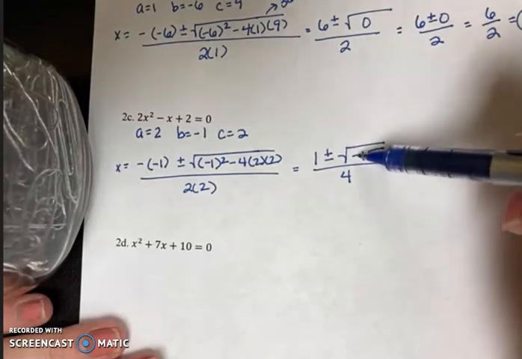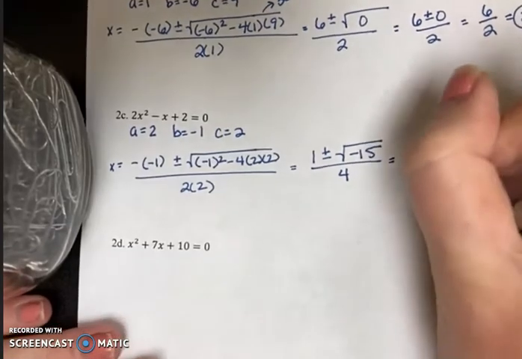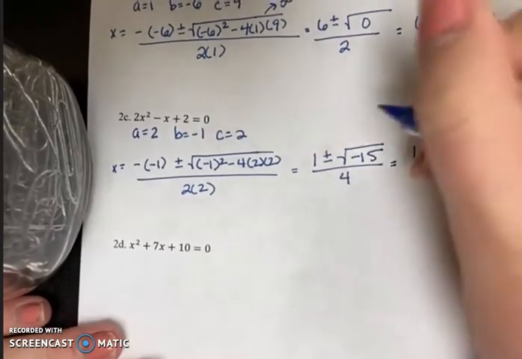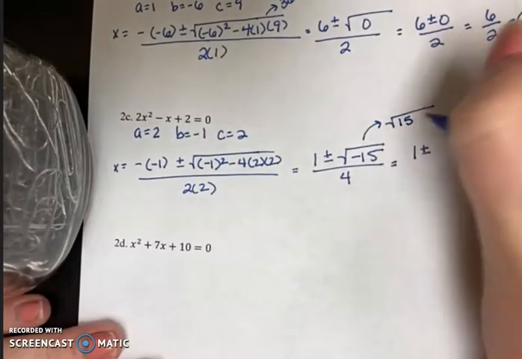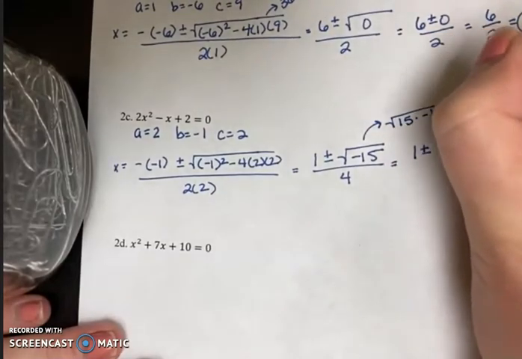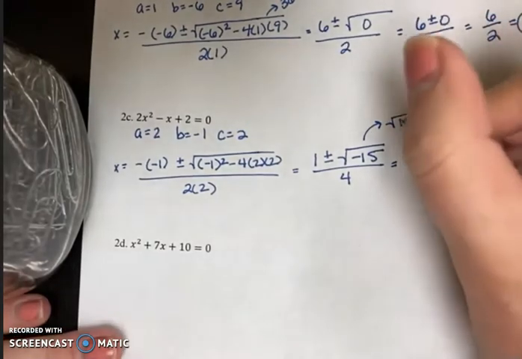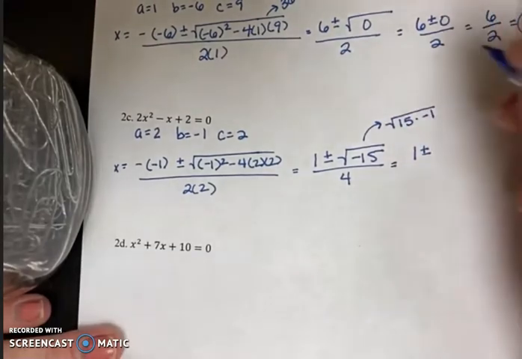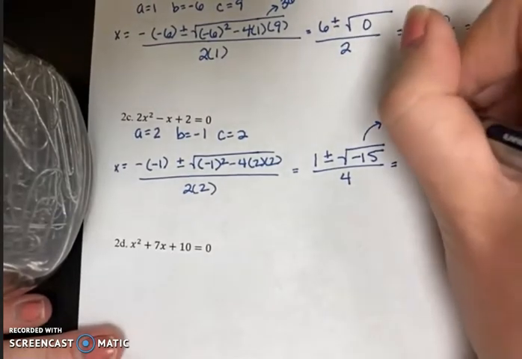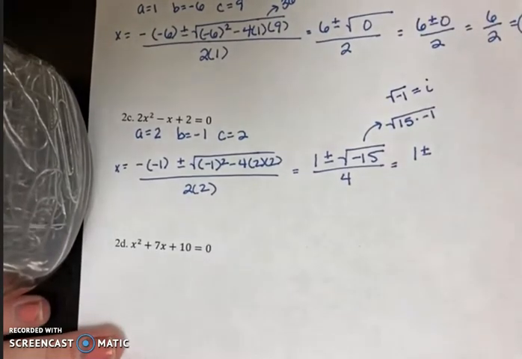Notice how I have a negative root. When we were solving using complex numbers, we learned that I can break this apart as the square root of 15 times -1. The reason why I want to split that up is I could then write it as the square root of 15 times the square root of -1, and I know that the square root of -1 is equivalent to i.